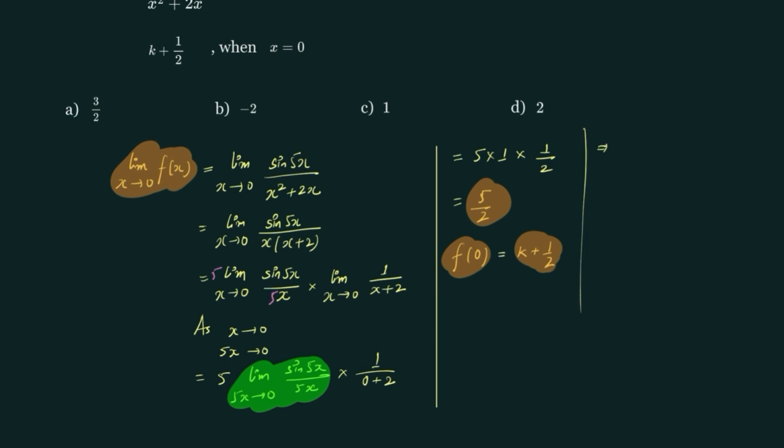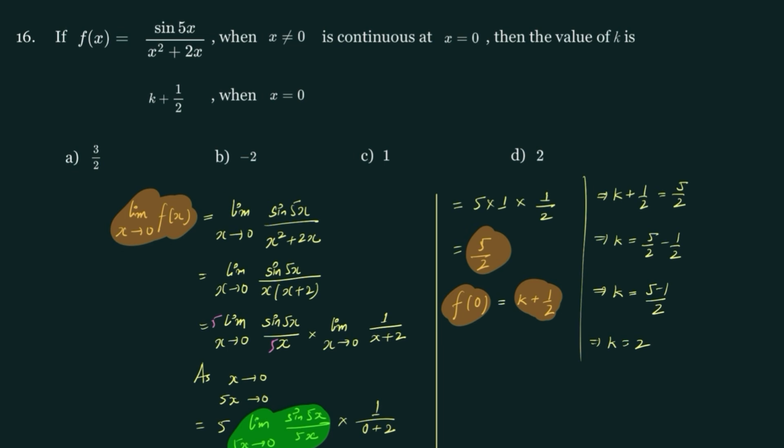Then we will get k plus 1 by 2 equals 5 over 2. So this implies k equals 5 by 2 minus 1 by 2. And on solving, we will get k equals 5 minus 1 by 2, which will be equal to 4 by 2, and that is 2. That means the correct option of this question is option number D, 2.